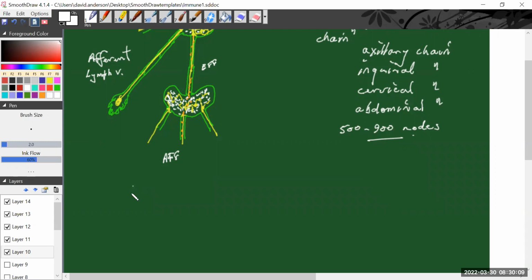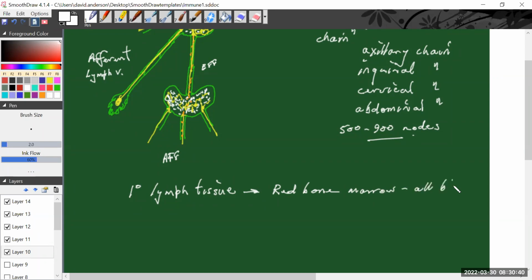So we have primary lymph tissue. Primary lymph tissue refers to the tissues that the lymph cells, white blood cells, originate from and mature from. The most common primary lymph tissue is red bone marrow.